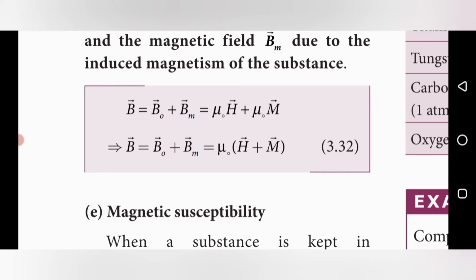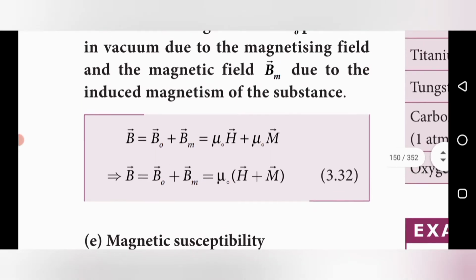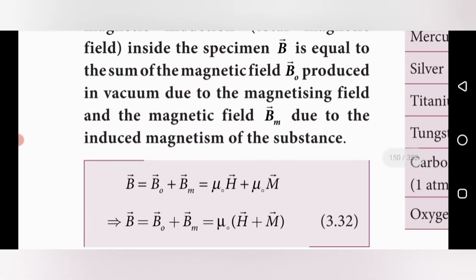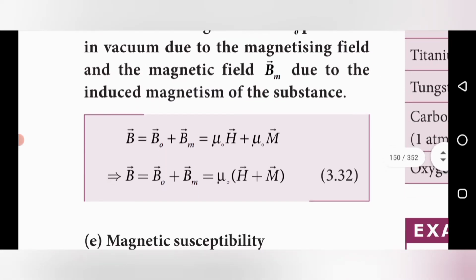B naught is the magnetic field in a vacuum, and B_m is the magnetic field due to the substance. One of the formulas, which you will study later, is B is equal to mu naught I, the general formula. Here, instead of I we substitute the H vector and M vector: H vector for vacuum and M vector for the magnetic field.